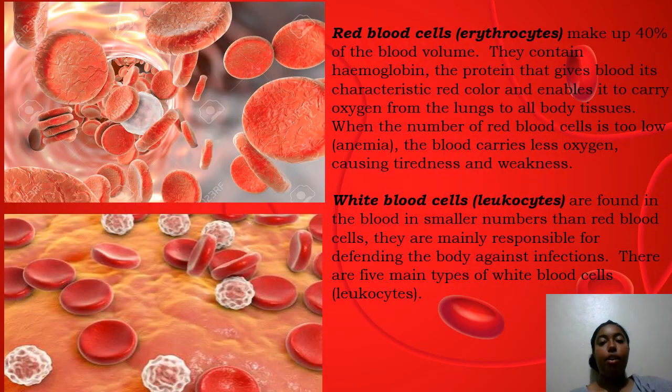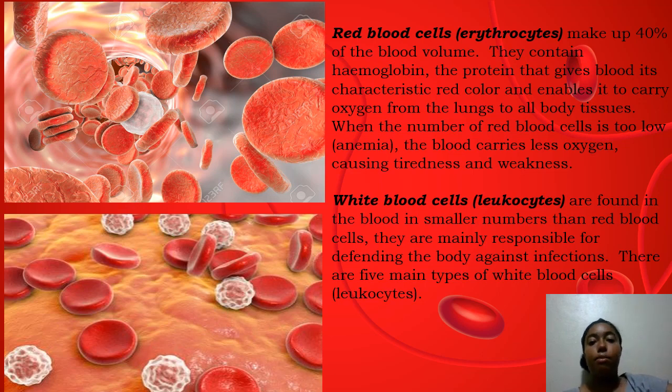Red blood cells, or erythrocytes, make up 40% of the blood volume. They contain hemoglobin, the protein that gives blood its characteristic red color and enables it to carry oxygen from the lungs to all body tissues.